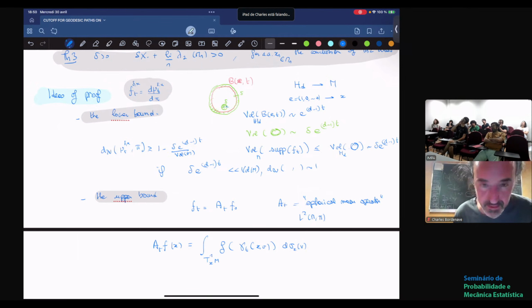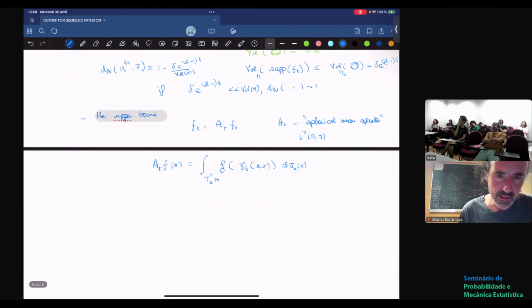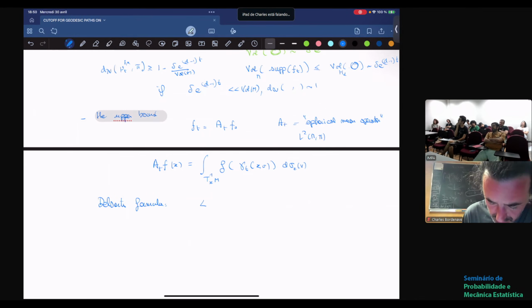So there is an explicit expression for this operator, which describes how the density moves with time. And there is something called the Delsarte formula, which says that the Laplacian Delta and A_t commute.